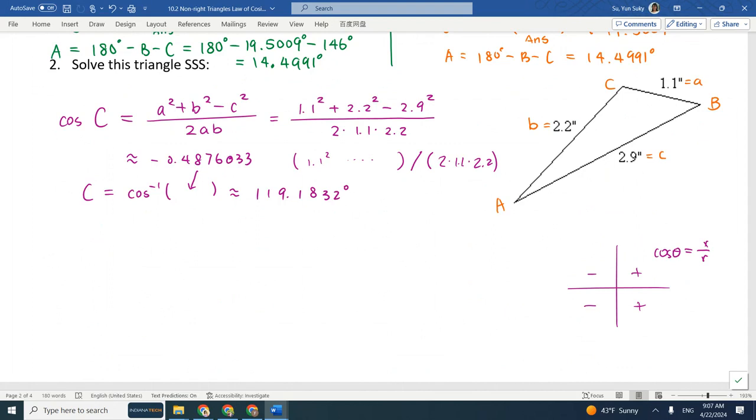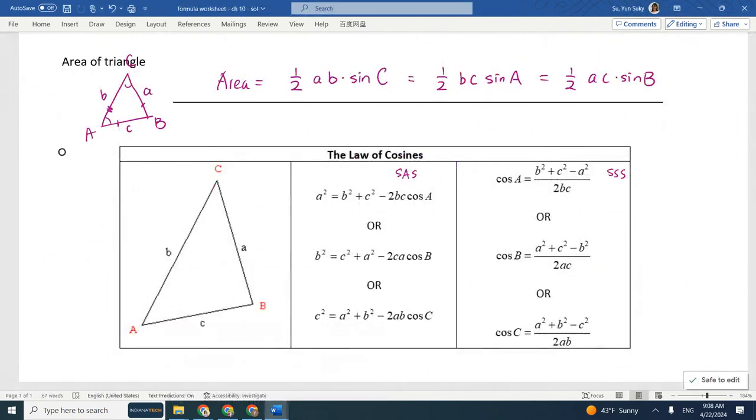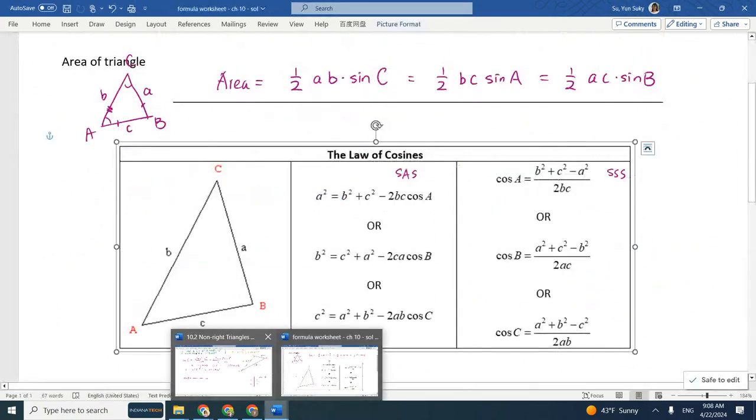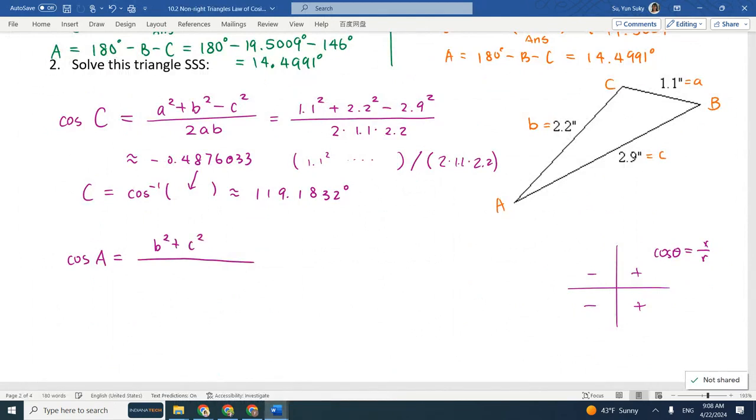Which angle do you want to find? A? Okay. So then cosine A is, yes, look at the formula. Cosine A, b squared plus c squared minus a squared over 2bc. Right, everybody?